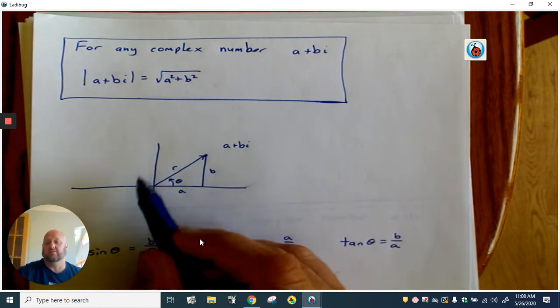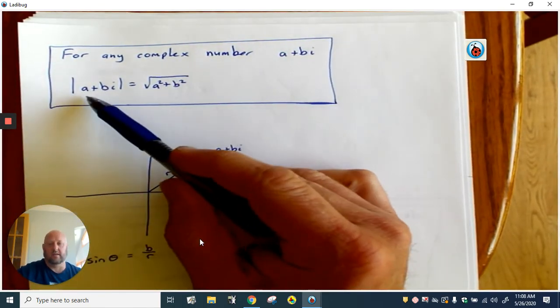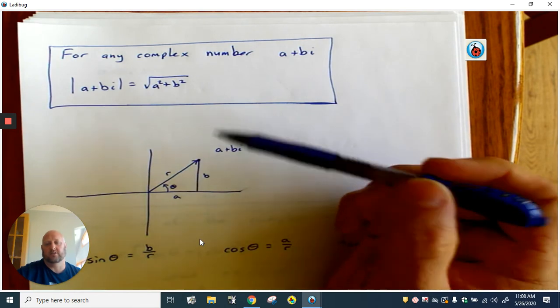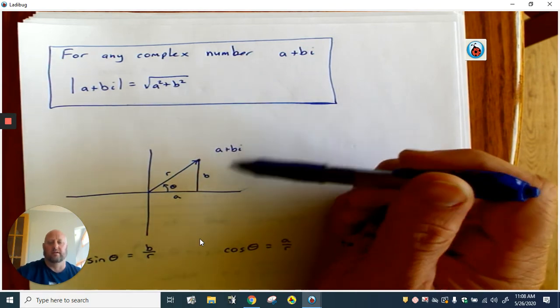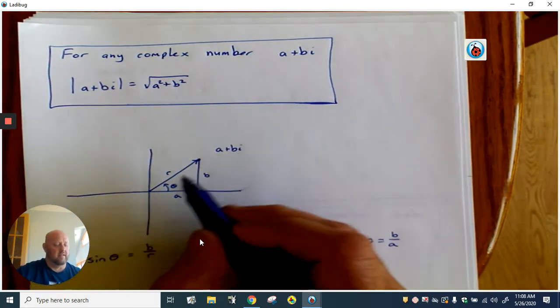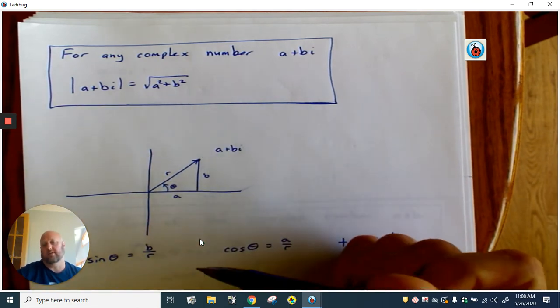This is the same drawing we've dealt with all year long. The absolute value of a plus bi simply becomes the square root of a squared plus b squared. It's the Pythagorean theorem, right? So if we want to find the length, or r in this case, we simply use the Pythagorean theorem.